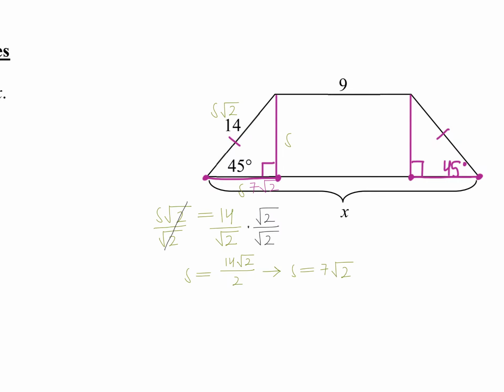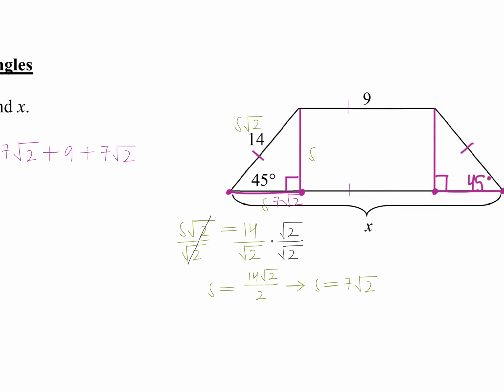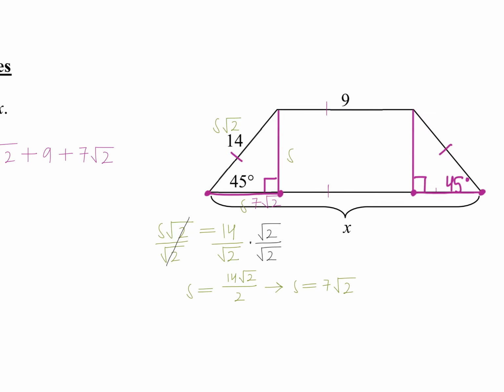And with that being said, we can come back over here and x is going to be equal to that 7 root 2 plus the 9, because like I said, it is a rectangle, and we know that our opposite sides are going to be congruent on a rectangle, plus another 7 root 2, because we know that these two lengths here are going to be congruent.